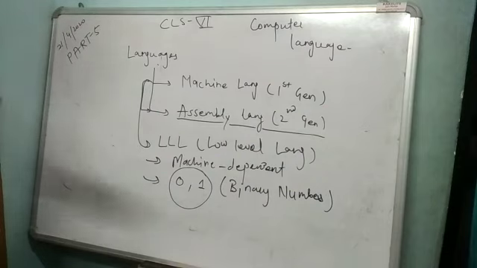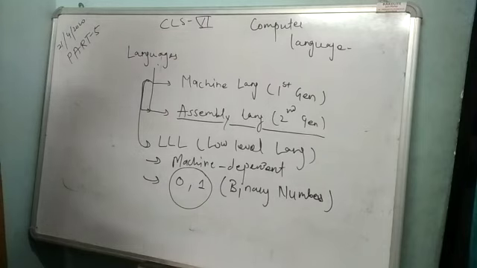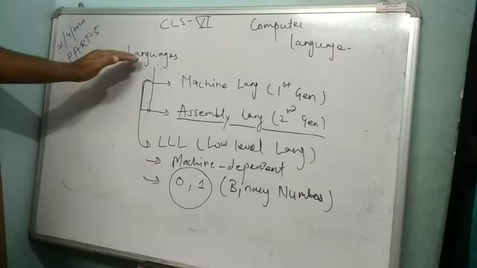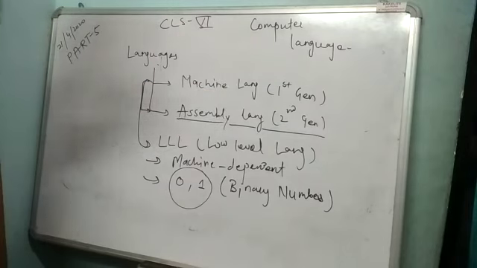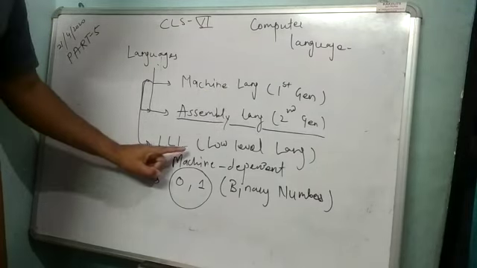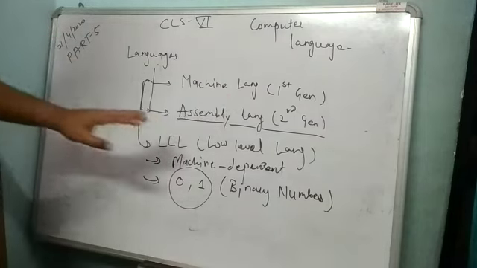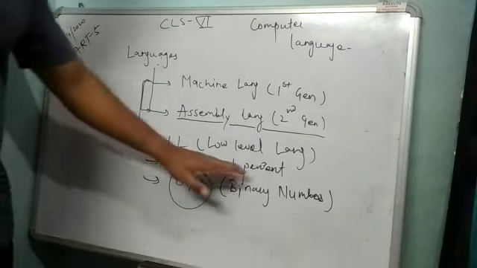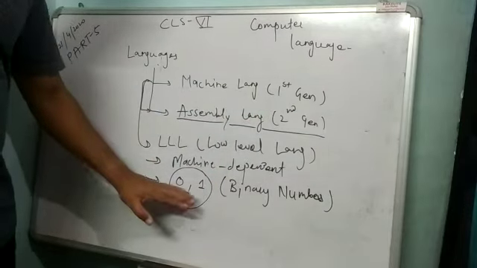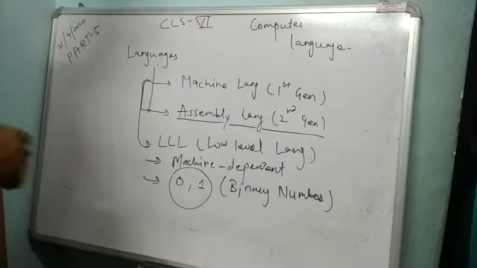We will learn about assembly language in the second video. Till then, I hope you have understood the definition and role of language, and also the first generation language, that is machine language. Specifically two things: these are low level languages and these are machine dependent. Whatever you write or instruct to the computer will be in machine language, written as combinations of 0 and 1.